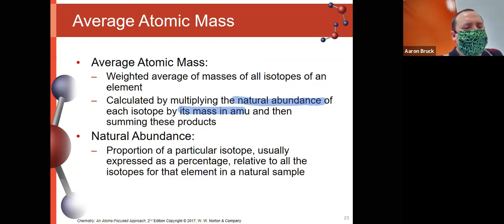Now the natural abundance is just a percentage. How much of a given isotope is present on planet Earth at any one given time. And it's always relative to the other substances.